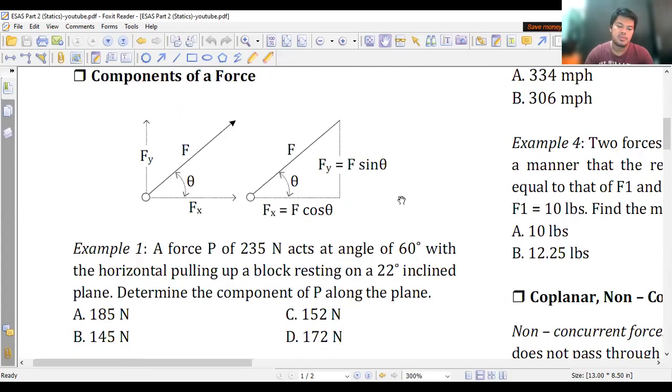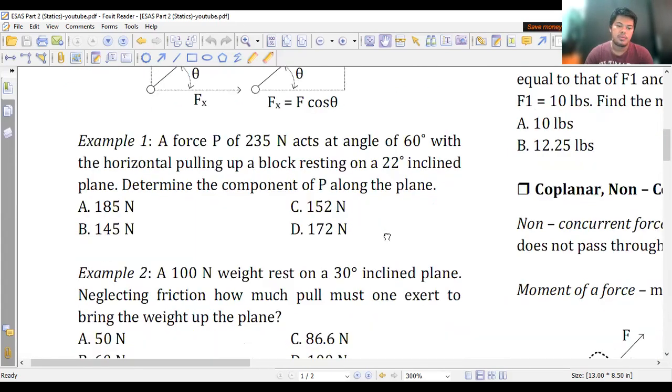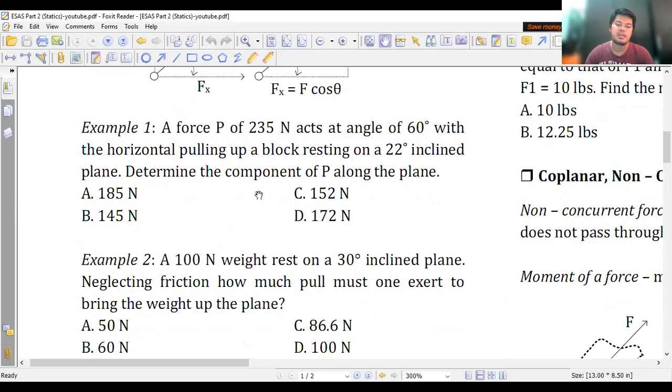We have here example number 1. In example number 1, we have a force P of 235 Newtons, where N stands for Newton, acting at an angle of 60 degrees with the horizontal.